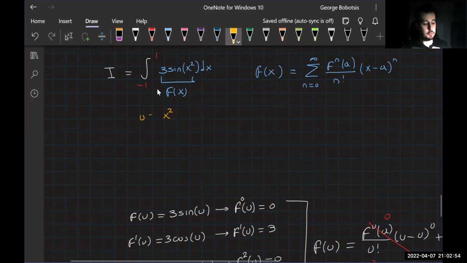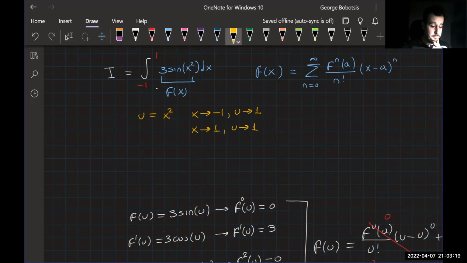Making this substitution changes the bounds of the integral, okay? If right now, -1 over here, we go to x equals -1, the u here goes to 1, and so it does over here when we go to 1. It approaches the same value.